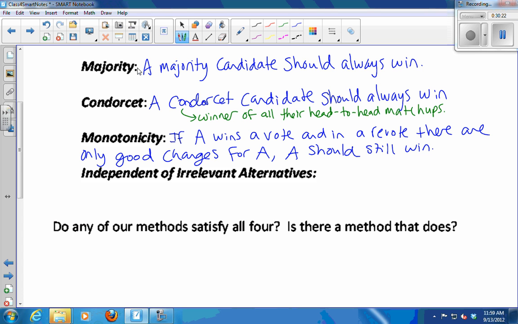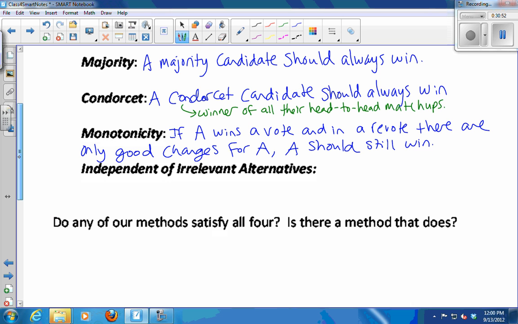That was the example about the International Olympic Committee. They did a straw poll and Calgary won, and then some people decided they'd all vote for Calgary because Calgary is going to win and they wanted to have voted for the winner. But when people changed their vote to increase Calgary's chances, Calgary ended up losing. That should not happen in a fair system, where you can have only positive things happen and then you lose.